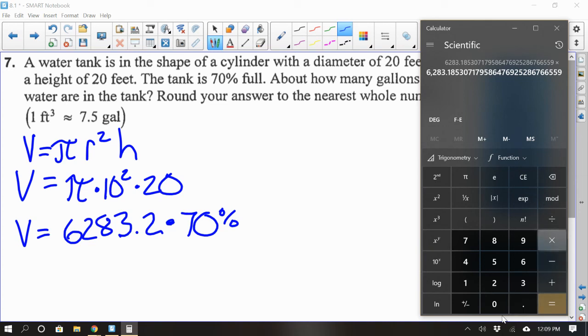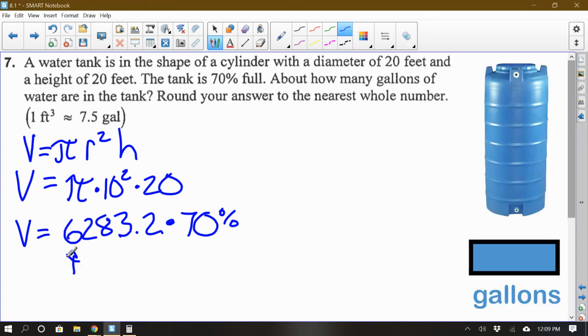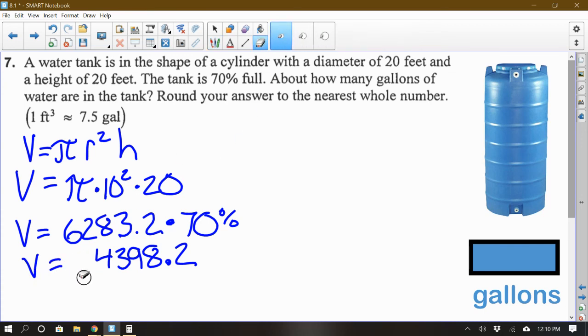So times 0.7. Okay, so we've got 4,398.2. So that's our new volume since it's only 70% filled up.